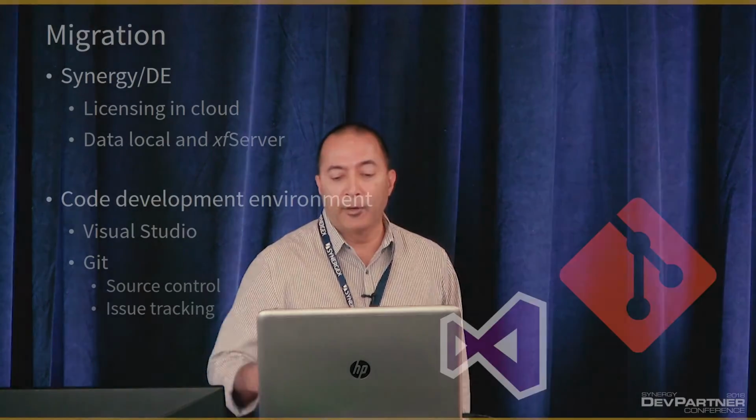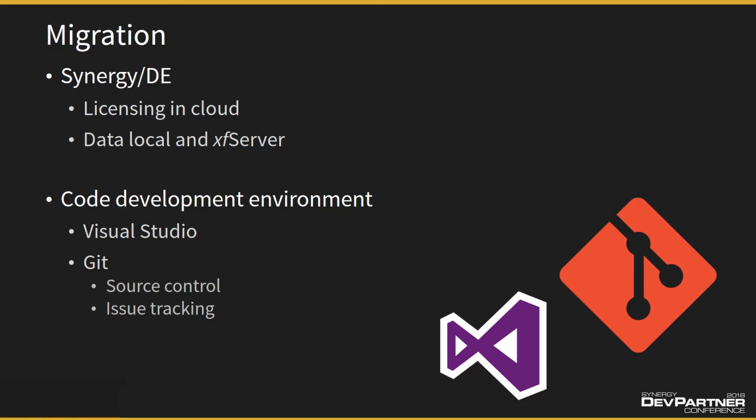So if you make a change in one solution and that same source file is referenced in another solution, that other solution will pick it up. You'll still need to recompile, but it will pick it up. And as I mentioned, we use Git both for source control and for tracking any issues that we may have had either through development or UAT.